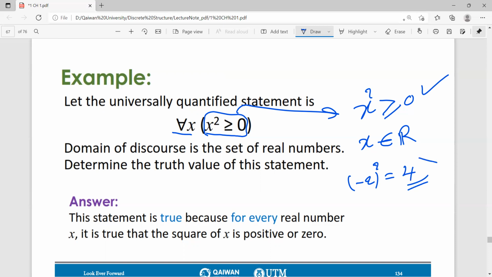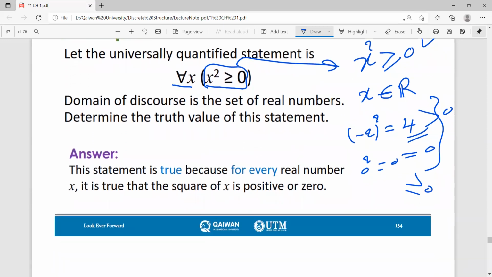It becomes positive. 0 squared is 0. That means all the results are greater than or equal to 0. We never get a squared number which is less than 0.